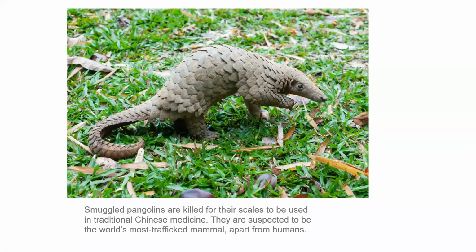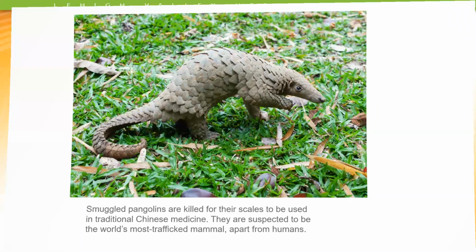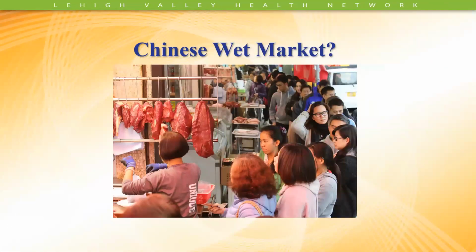And there is the pangolin, and these poor things have been slaughtered unmercifully because they've been believed to be the carrier of COVID, which is truly despicable. And the belief is that the Chinese wet market, where a lot of these animals were sold and there's a tremendous amount of people, was where this actually spread very rapidly from infected animal to human beings.